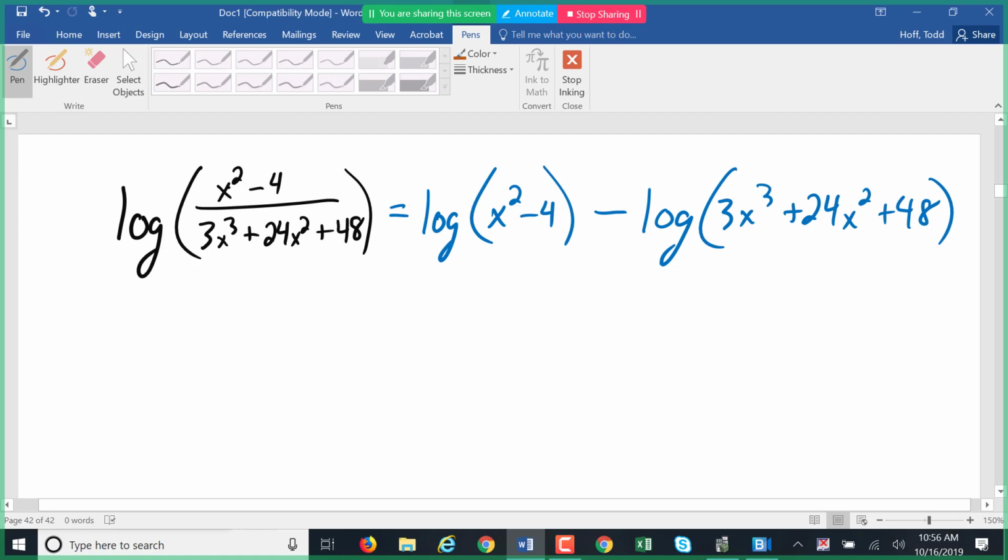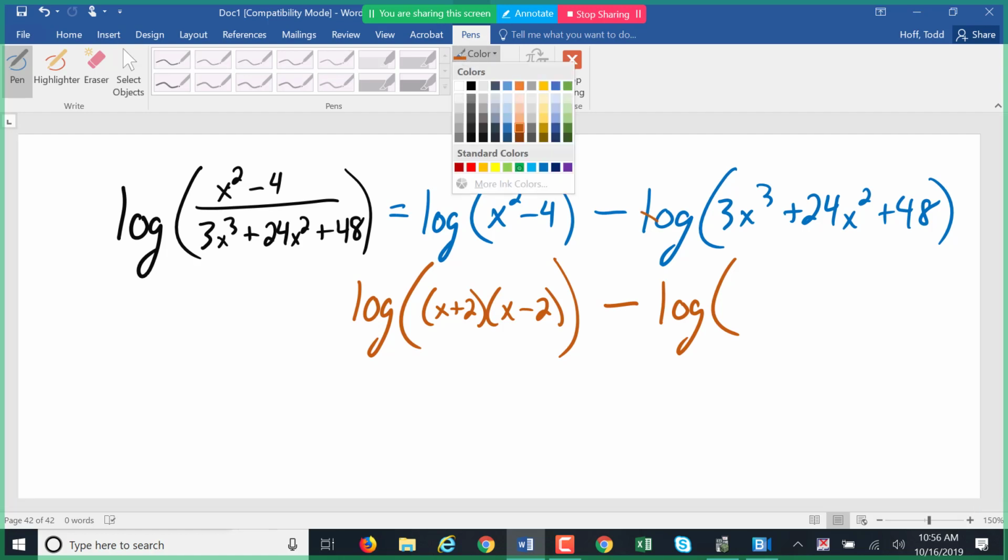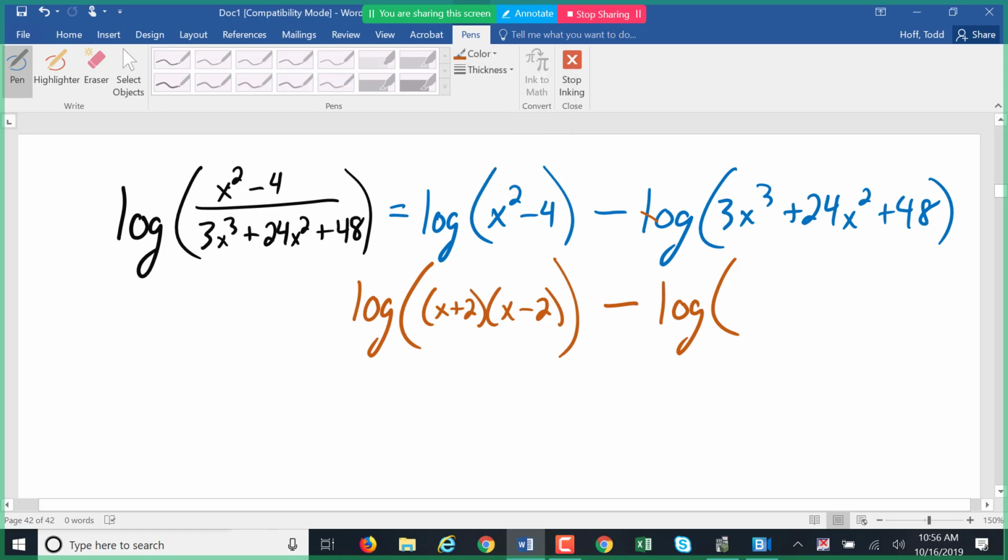But these polynomials inside the logs are factorable. X squared minus 4 can be factored into x plus 2 times x minus 2. We'll split that up in a minute. Over here, log of the 3x to the third, 24x squared plus 48. First thing I can do there, I'm going to do this in kind of steps here. I can factor out the 3x. If I take out a greatest common factor of 3x, I'm left with x squared plus 8x plus 16.